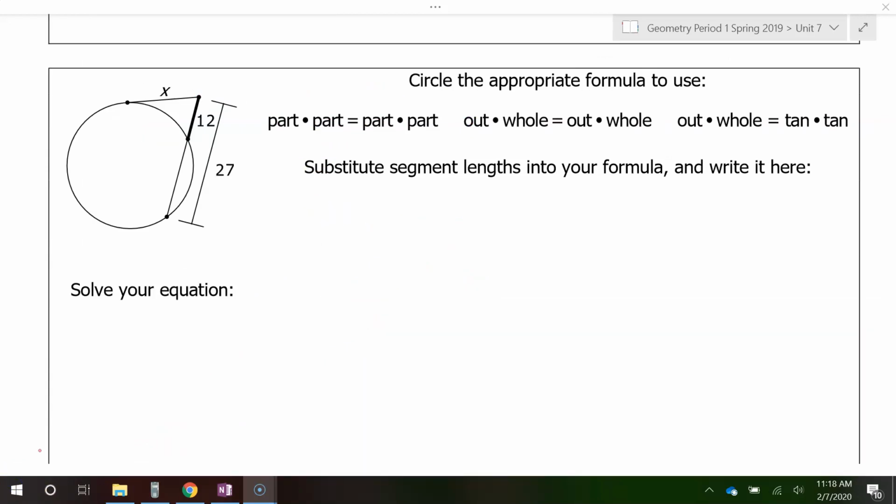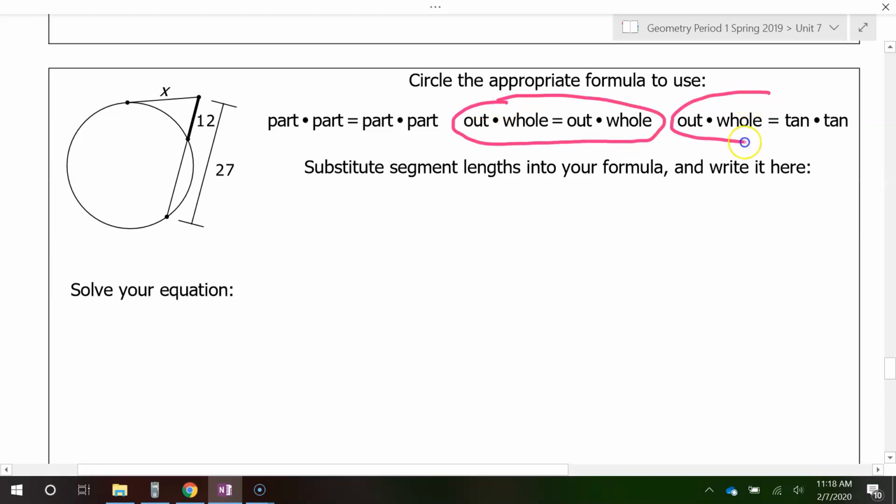So for this one, we see that the segments are intersecting outside the circle. So that means we're going to be using these formulas over here. Now, really, these two formulas are the same. They both really mean the outside part times the whole is equal to the outside part times the whole.